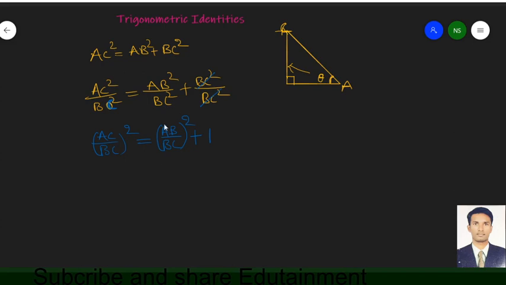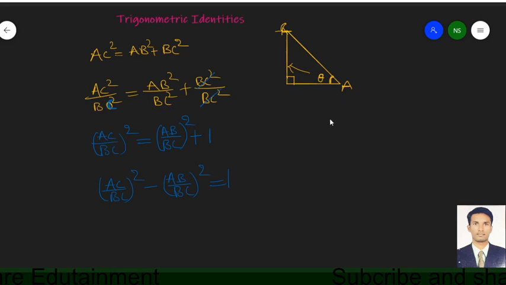Let us write this term on the left hand side: AC by BC whole square minus AB by BC whole square, which is equals to 1.